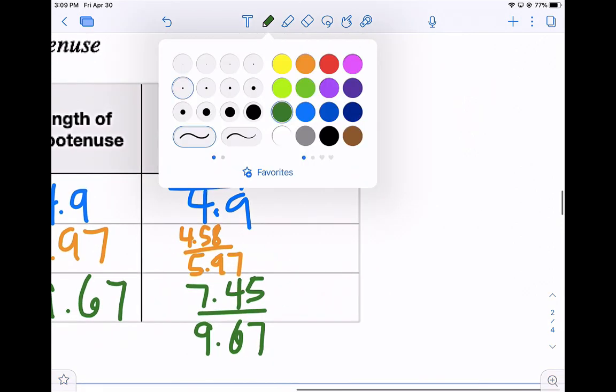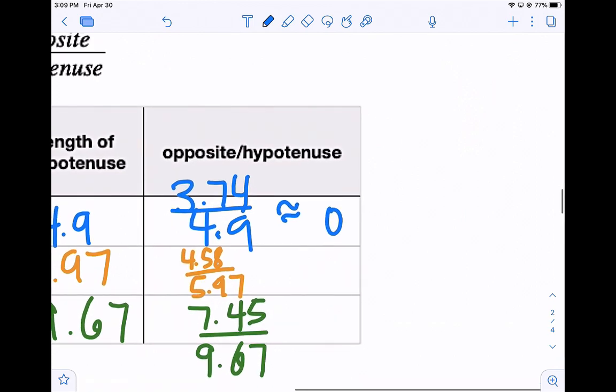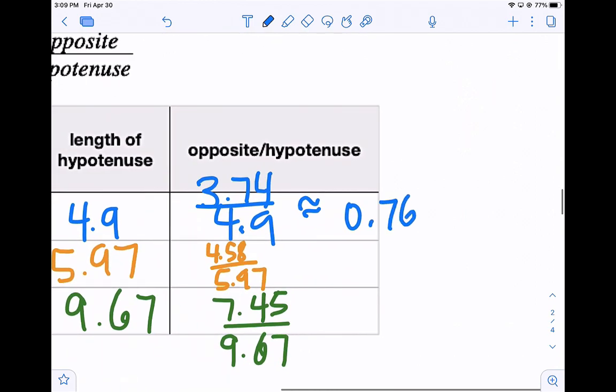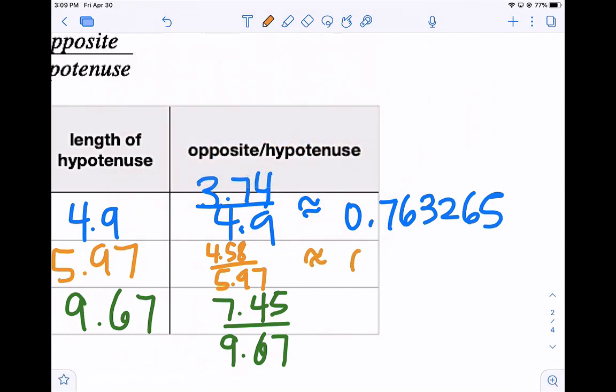First the blue triangle, we'll get the approximate answer. Taking my calculator, 3.74 divided by 4.9, I get about 0.763265. Let's do the same for the orange, 4.58 divided by 5.97, which is about 0.767169.